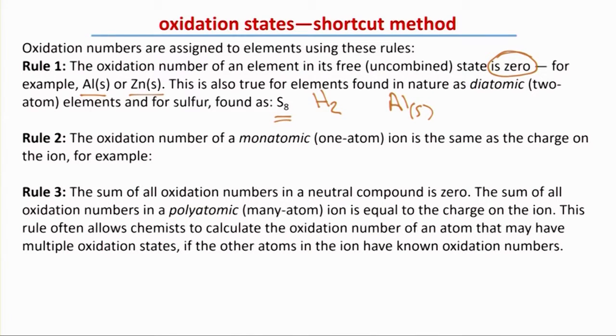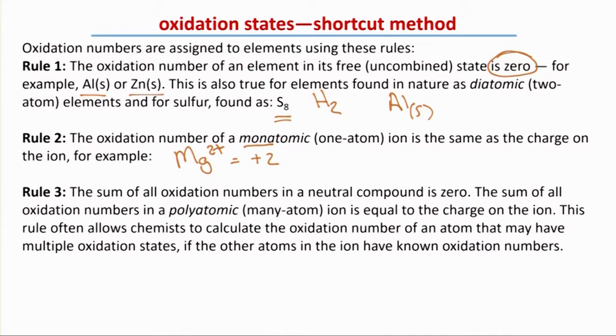All right, now if you have an ion, and if it's a monoatomic ion, then whatever the charge of the ion is, that is the oxidation number. So example, if you have magnesium plus 2, its oxidation state or oxidation number is +2.